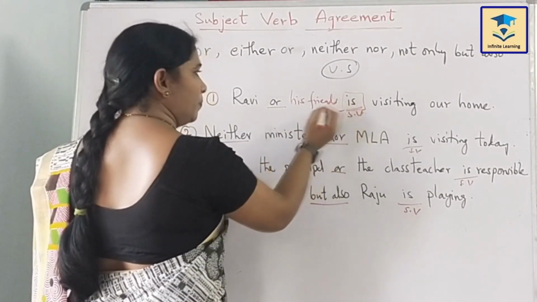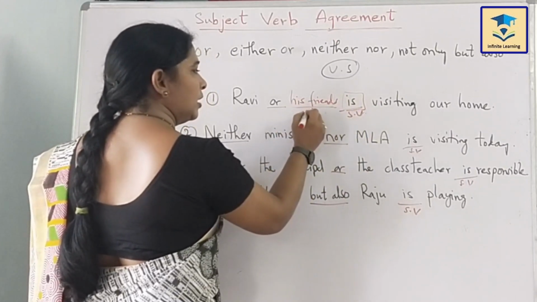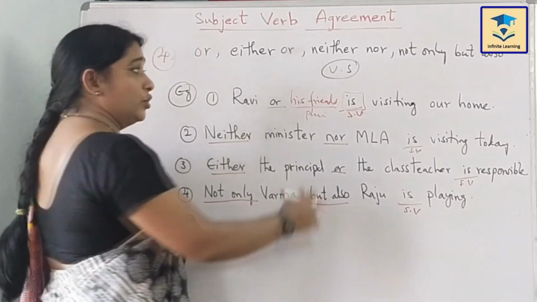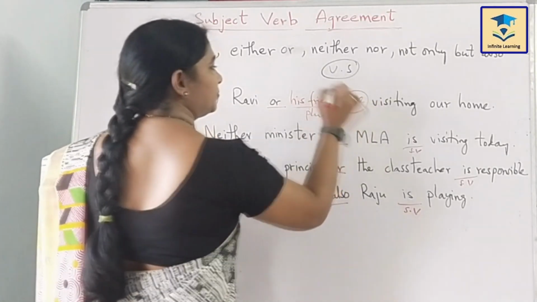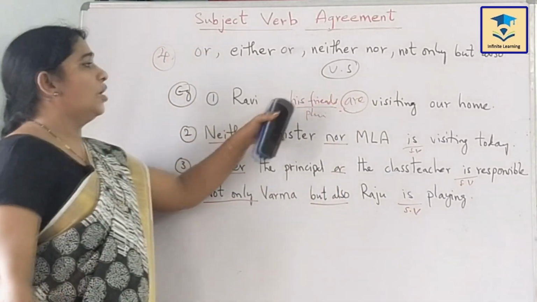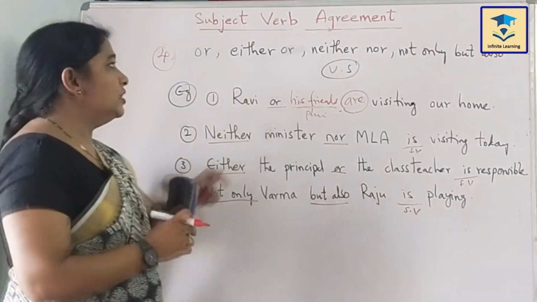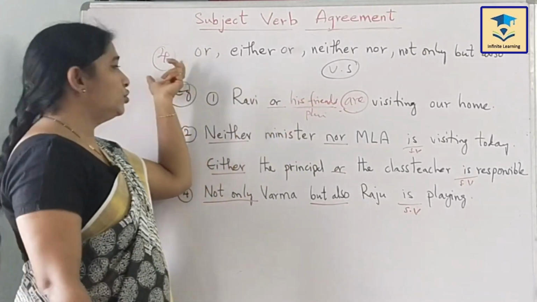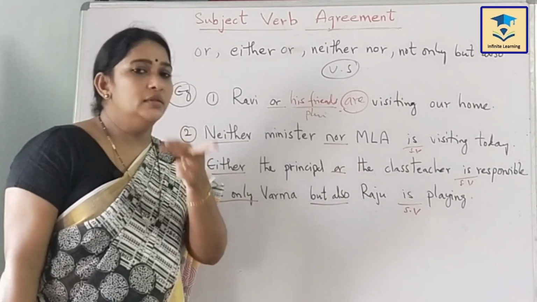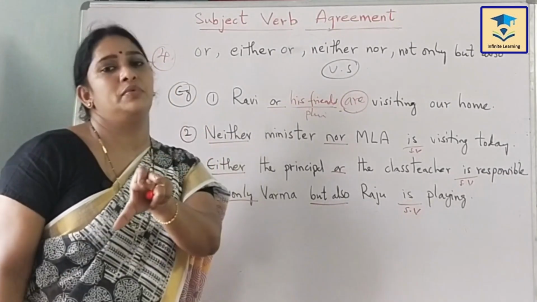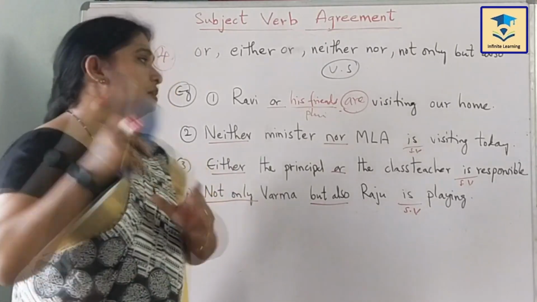His friends, is it singular or plural? Plural. So, you need to write the plural verb are. Ravi or his friends are visiting our home. In the fourth rule, if one of the two subjects is plural, then consider the one nearer to the verb.